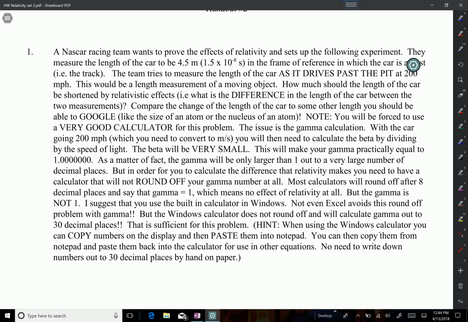And when that happens, your calculators are going to have trouble, or at least that's a potential problem. So I'm going to encourage you to test your calculator to make sure that it really works well when you have a small beta.